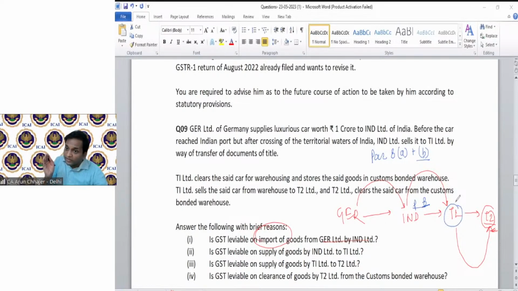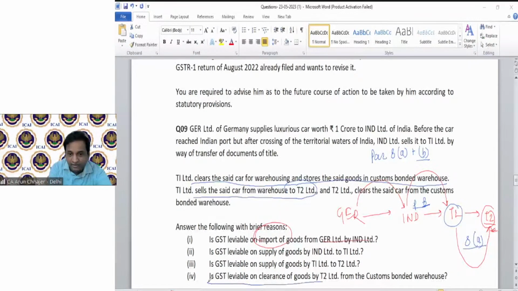And before furnishing the bill of entry for home consumption, the goods have been sold to another party. T1 clears the said car for warehousing only and stores the goods in the custom bonded warehouse and sells the said car from the warehouse to T2. Then again, this is also covered by para 8A. Therefore, the sale by T1 to T2 is also not liable to GST.